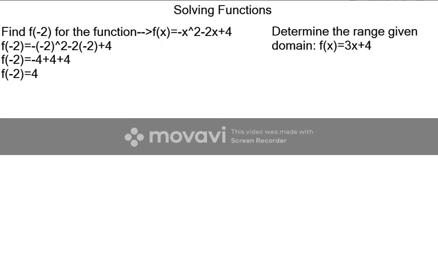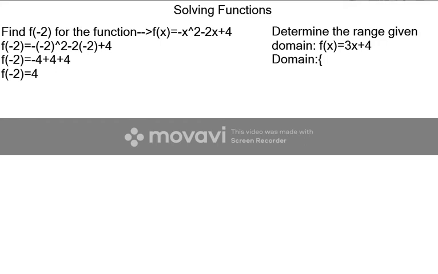And then our domain is negative 2, 0, and 5, right? So those are our 3 points.